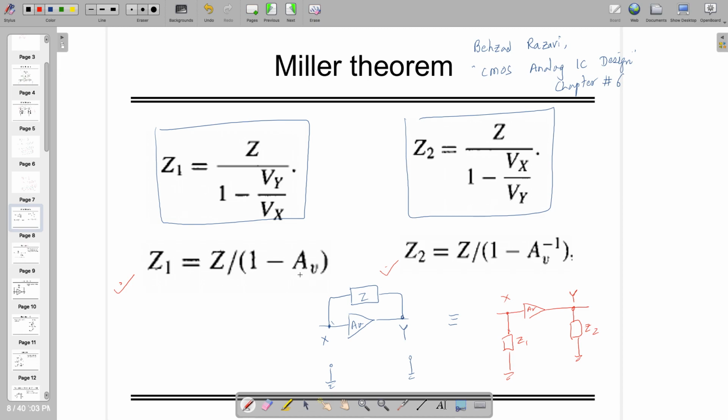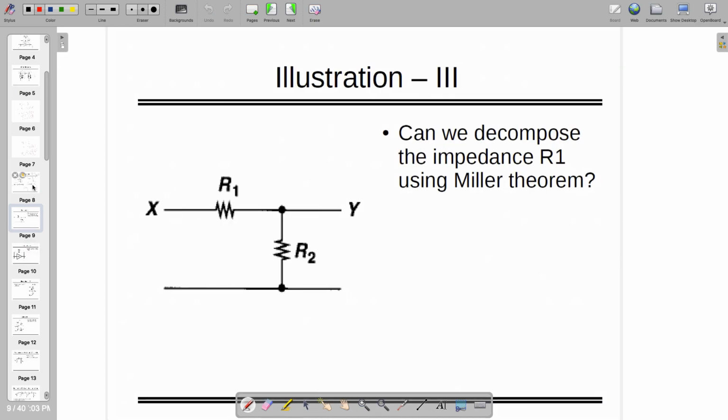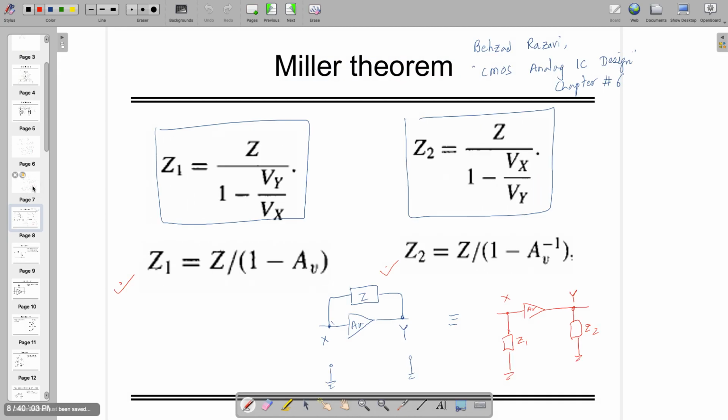Now, one more thing we can think about: what if AV is infinite? If it is infinite, then Z1 is equal to nothing but Z divided by 1 minus infinity.